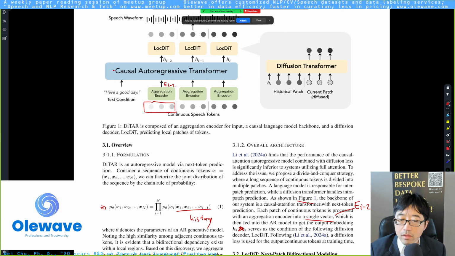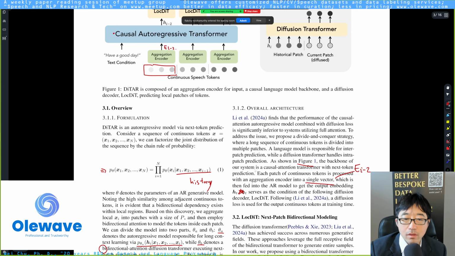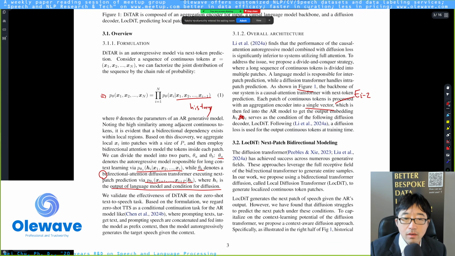Well, you can see they are following this guy's work. And then after they get this, then it became a DiT. You're supposed to go from the h i minus 2, like they show right here, this equation. I call this equation 2, okay? And this equation 1.